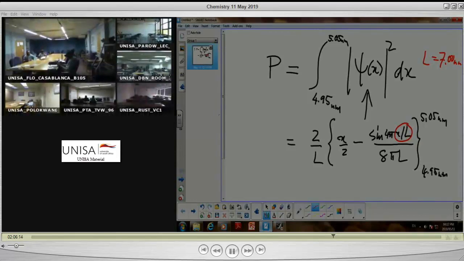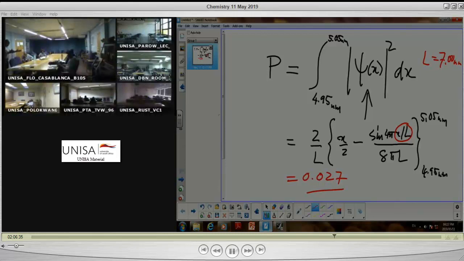The question is, when you've done this work, you ask yourself, why do I get such a value? Everything that you, how much do you expect over 7 nanometers? What value do you expect?